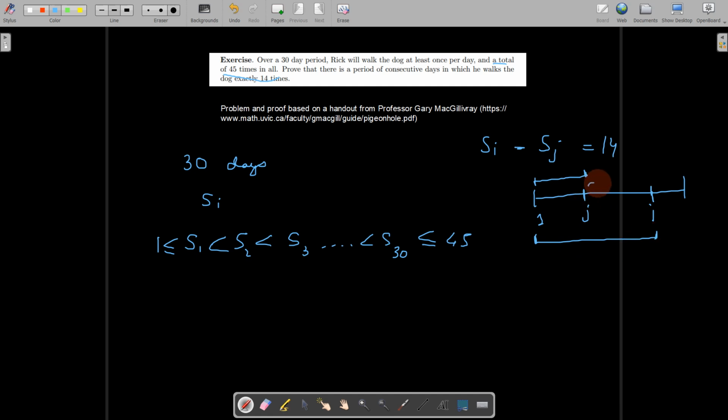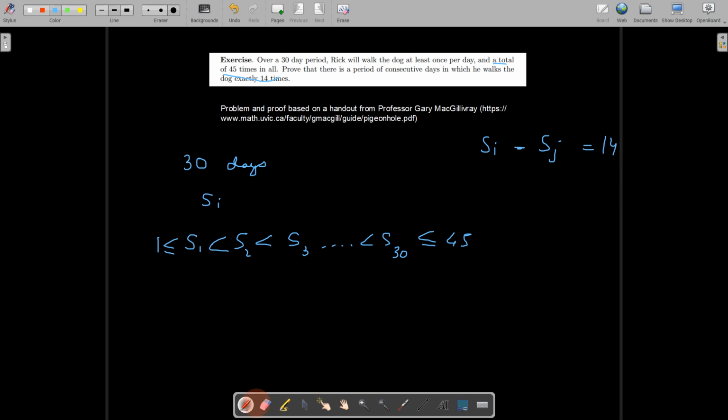The difference between these two represents, starting from day i plus 1 till the end of day j, how many times in total Rick has walked his dog, and this value should be exactly 14. That is the number of consecutive days. So if I rearrange these terms a little bit, I'll erase over here.